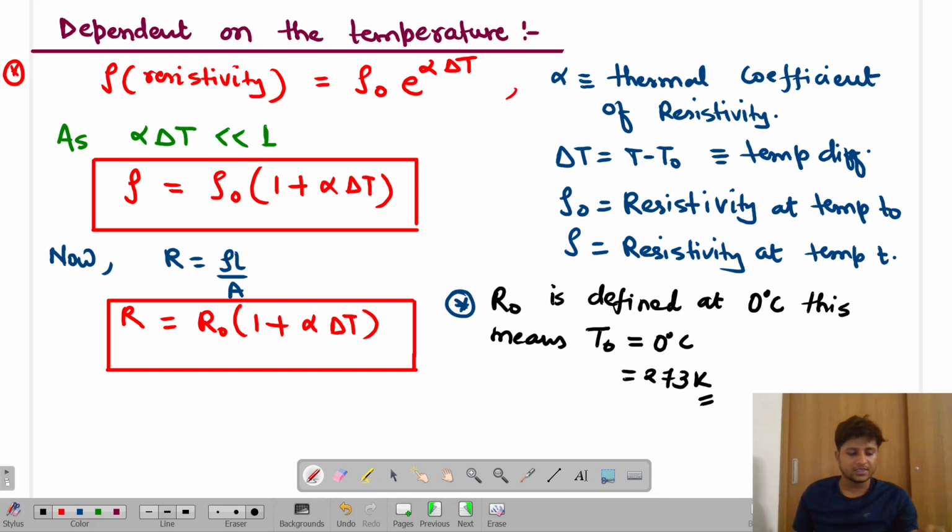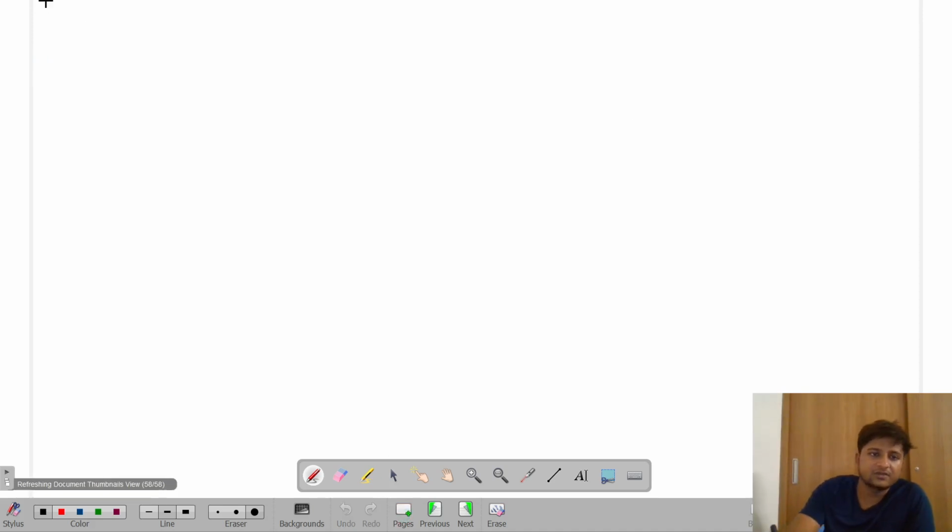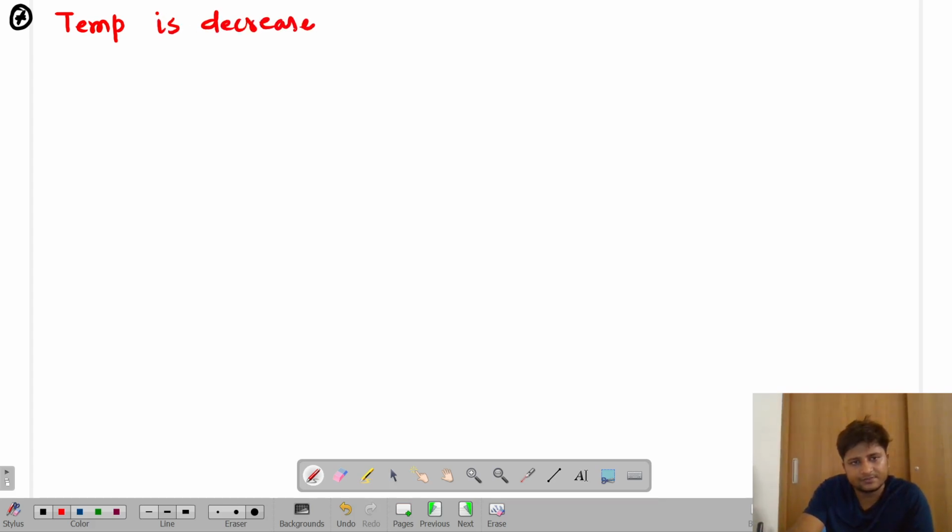So look over here. Let us understand the physical meaning of dependence on temperature. Let's suppose in any conductor the temperature is decreased. What will happen after that?